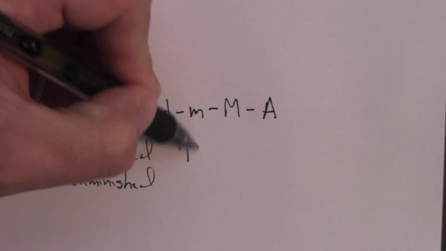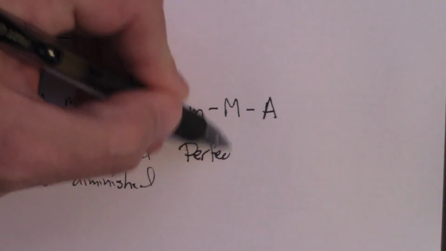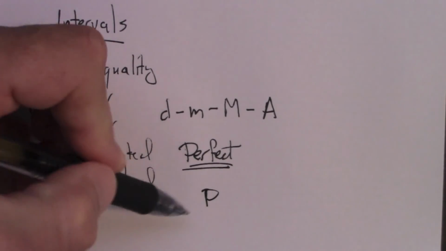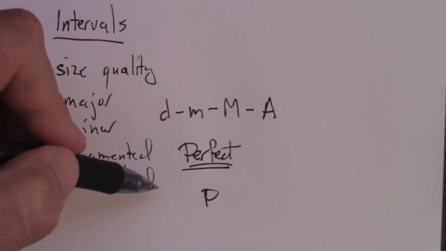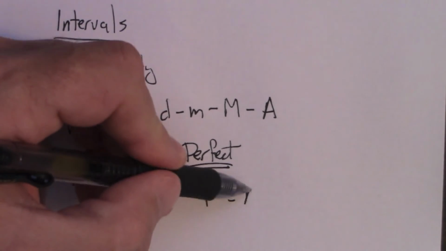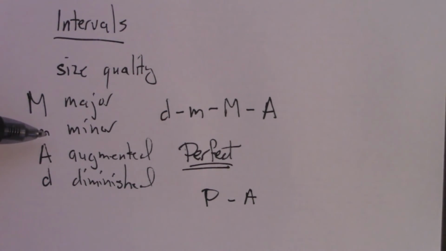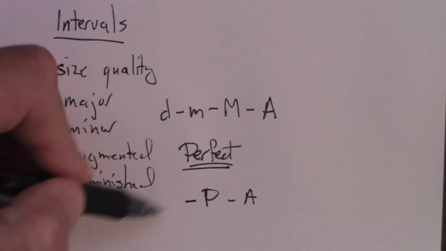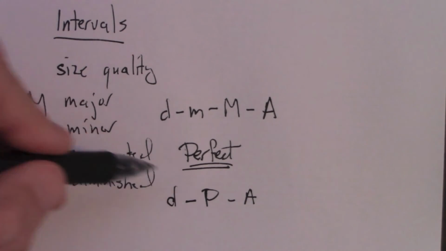But there are special intervals called perfect. They must be special because they're called perfect. If you have a perfect interval and you add a half step, it becomes augmented. If you have a perfect interval and take away a half step, it becomes diminished.